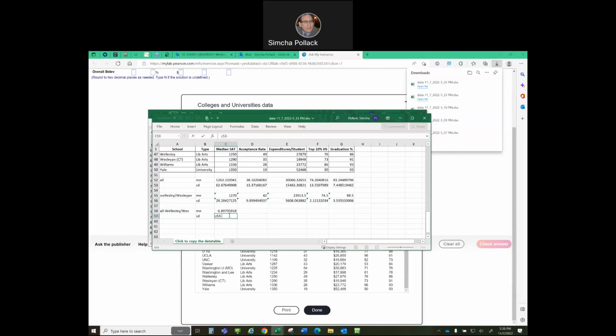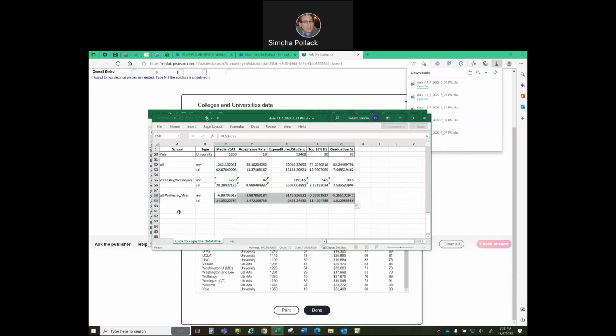Control Z undoes what you just did. C53 minus C56. Left out an equal sign. Computer, forgiving. And 61 take away 28 is about 34. And of course, we should copy this over. We want to see this for all of them.